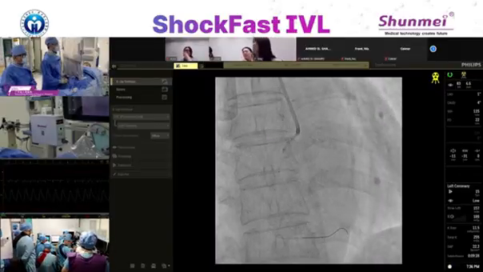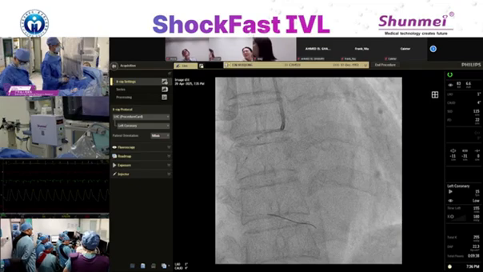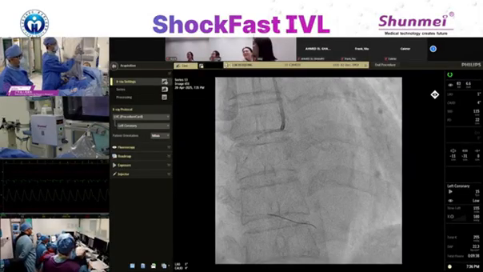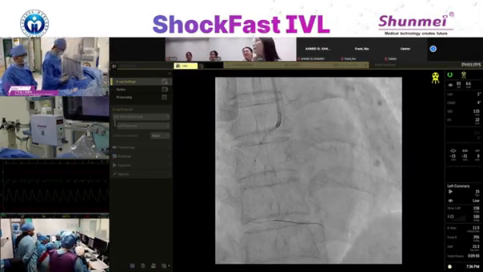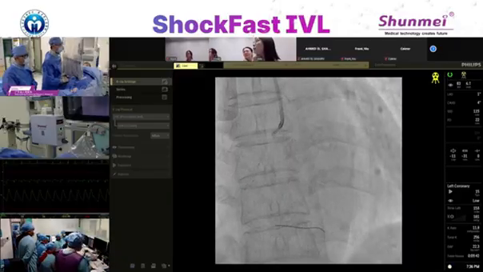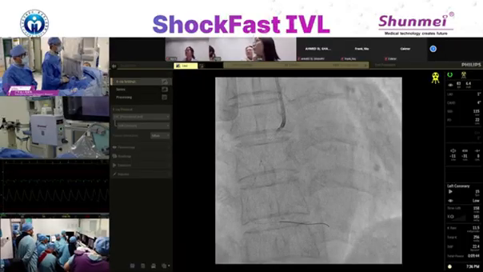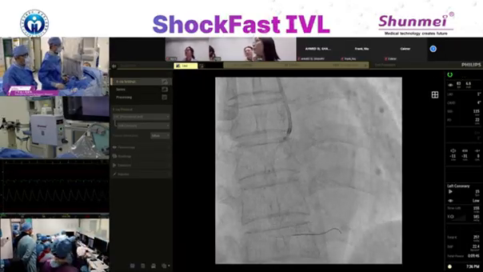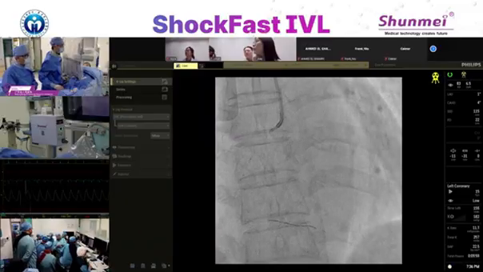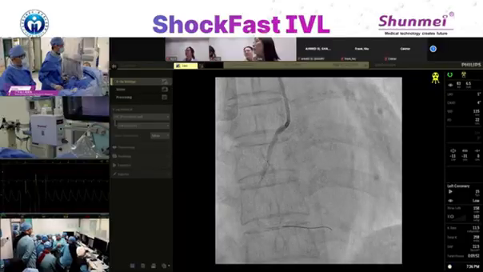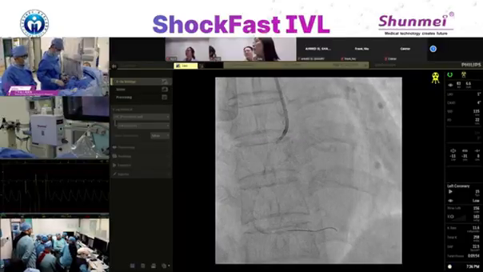Are we deep enough? Let's check. I just pull back the extension a little bit to test. Yeah, I think we crossed.